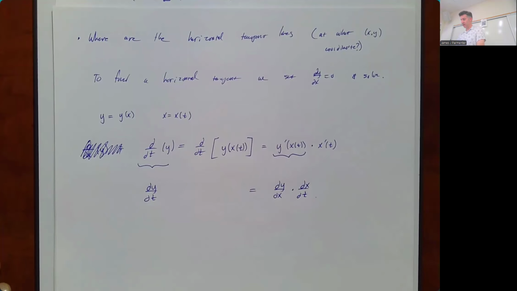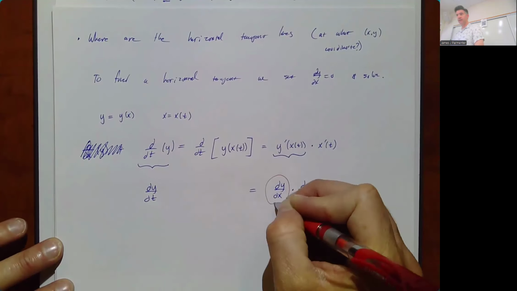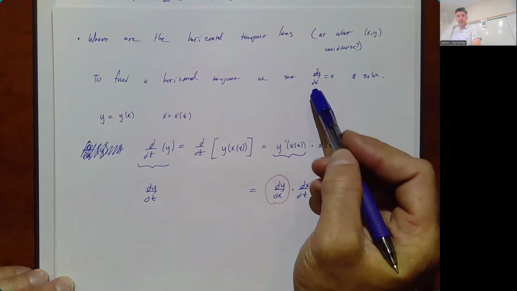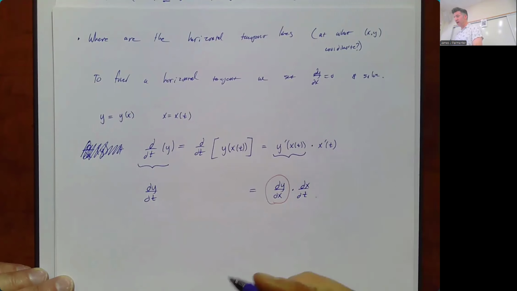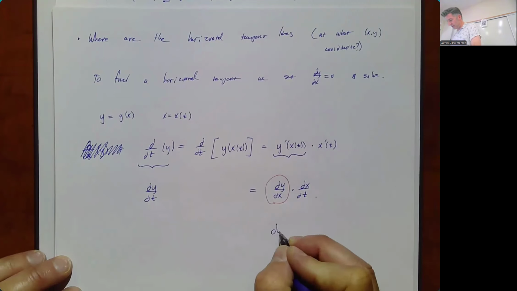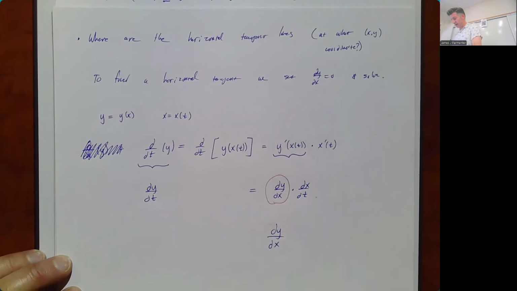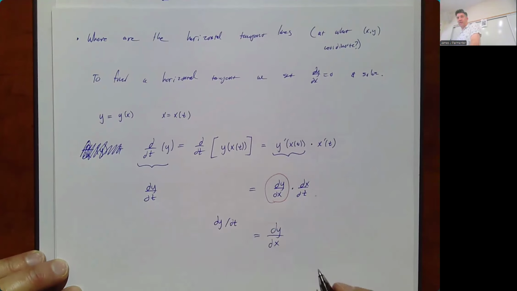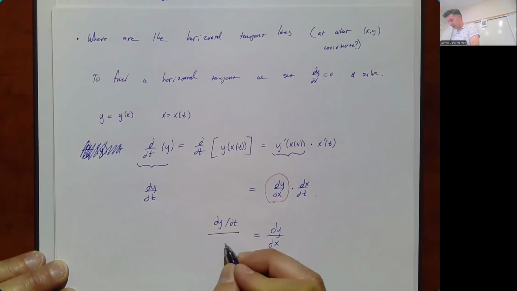So we end up getting, if I want to solve for dy dx, because that's what I'm actually trying to deal with here, setting dy dx equal to 0, I'm going to divide both sides by dx dt. So the derivative of y with respect to x is kind of conveniently dy dt, the derivative of y with respect to time, divided by dx dt.